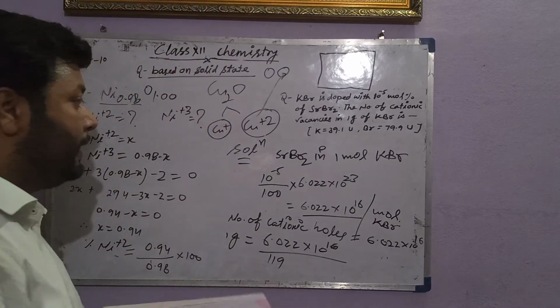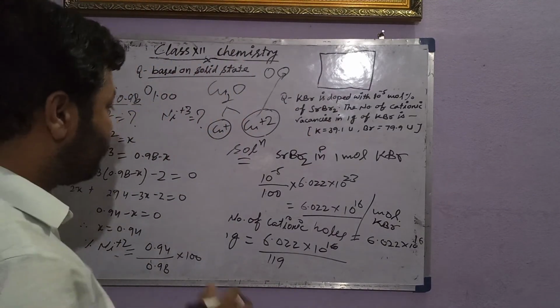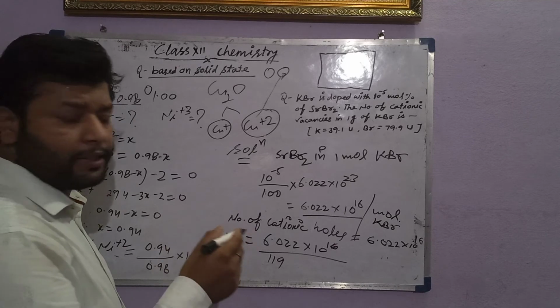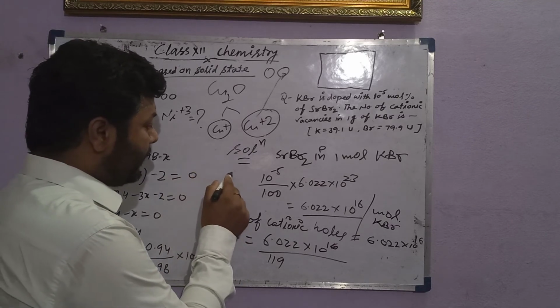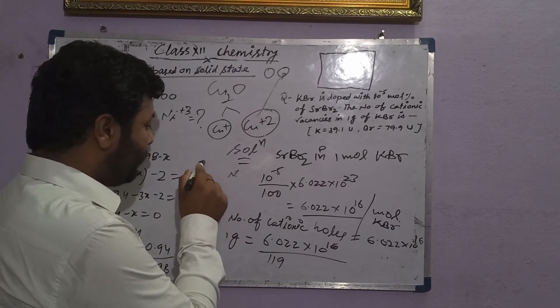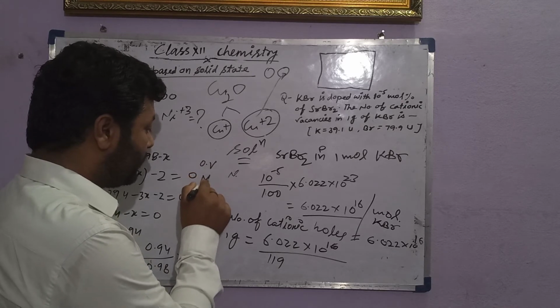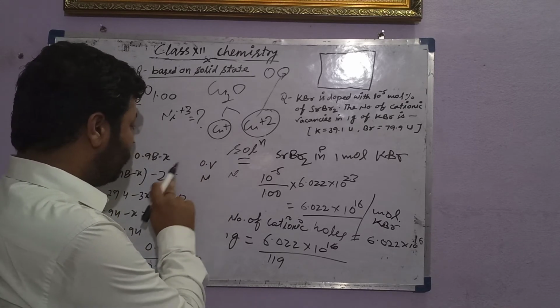I already explained, in any solid, in any crystal, if the number of anions is n, then octahedral voids also will be n.